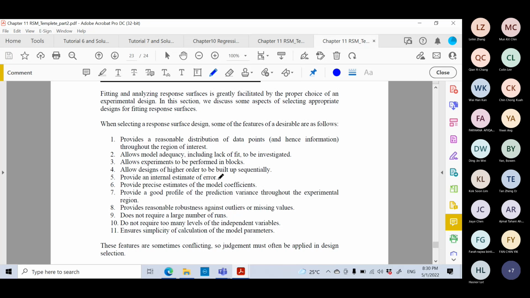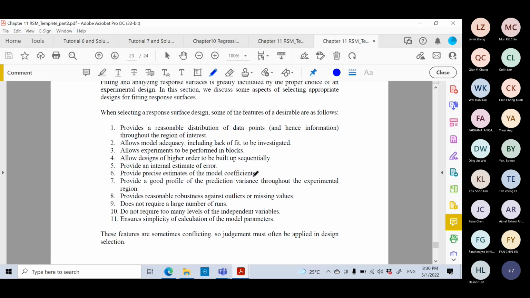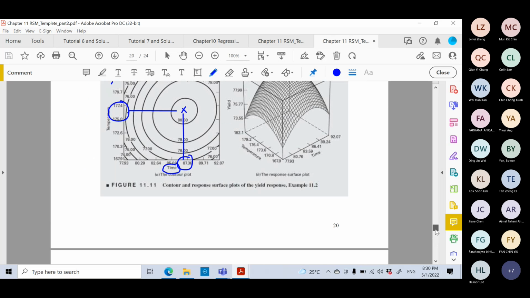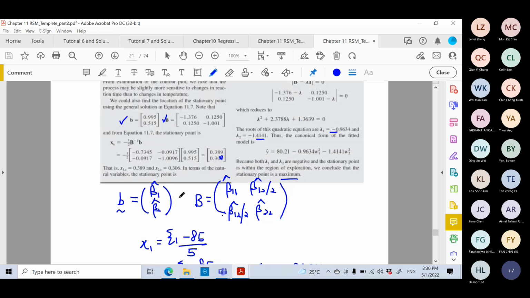Once you have an error, you can test the significance of all the parameters. Then from the parameters, we can form the equation and estimate your model coefficients, the beta 1 hat, beta 2 hat.